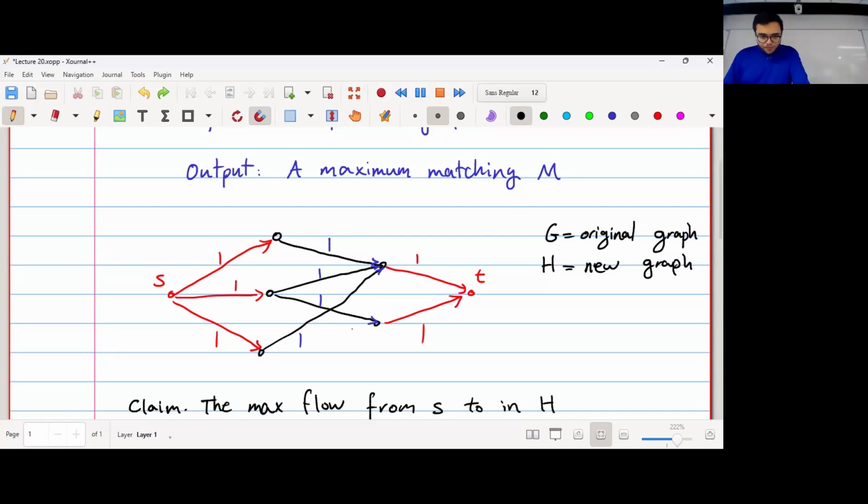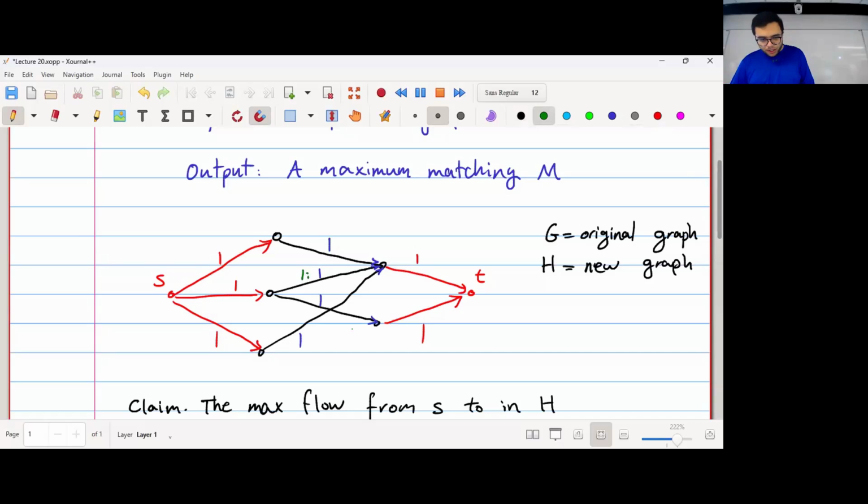So why is that the case? Well, suppose it doesn't give you a matching. Suppose that I have 2 different edges here that have a flow of 1, but they share an endpoint. So for example, let's say I've sent a flow of 1. Let me use green for my flow.